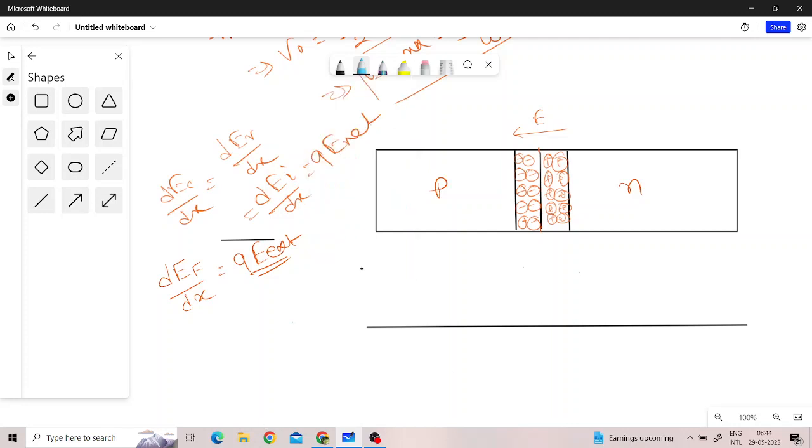Now you know that in the p-type semiconductor the extrinsic Fermi level lies below the intrinsic Fermi level, or above the valence band. Before that, let me draw the reference here.